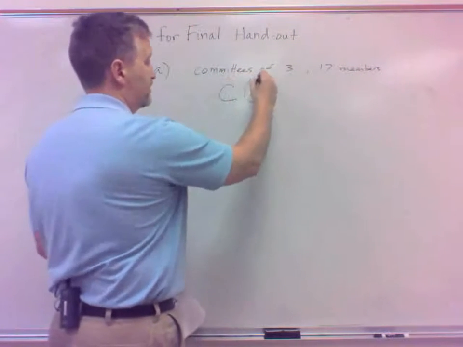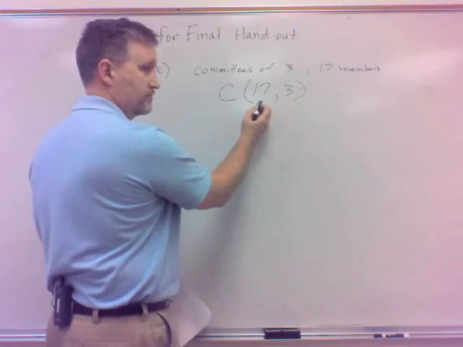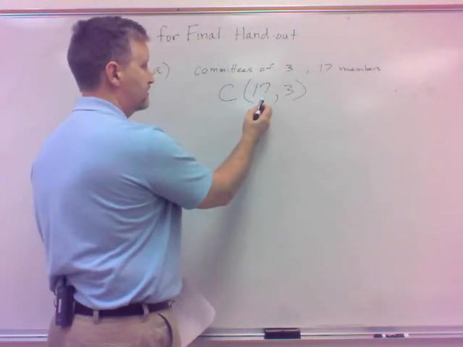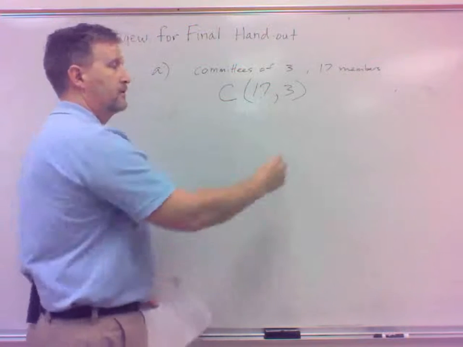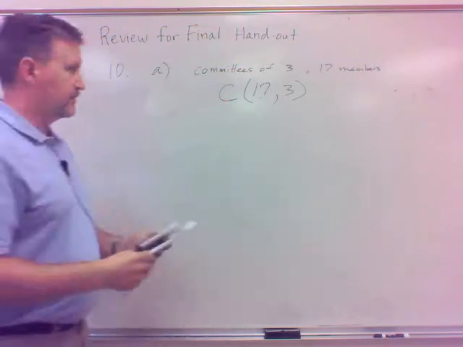So I would do a combination of 17, 3: the total number available, and how many I want at a time. We use our calculator there to do that. Combination 17, 3, 680.